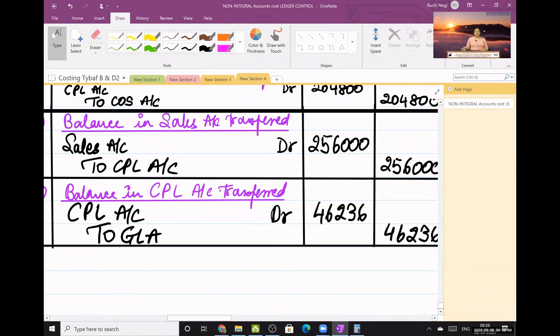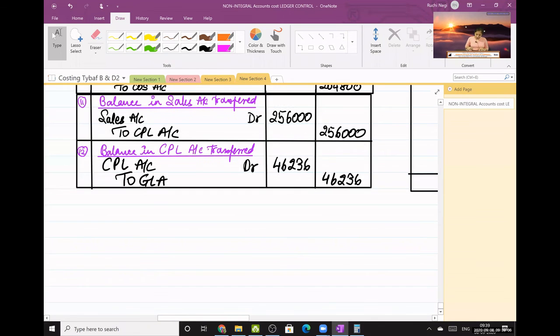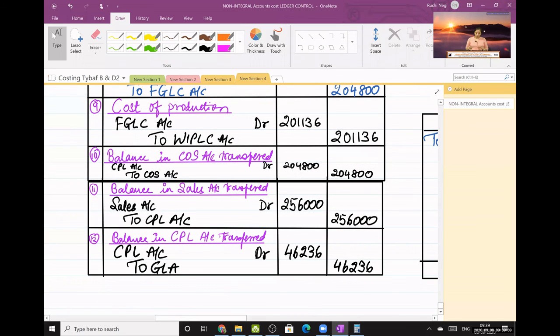This is my net profit and my last journal entry as well. Journal entry number 12. Hidden entries. So 9, 10, 11, 12 are hidden entries.